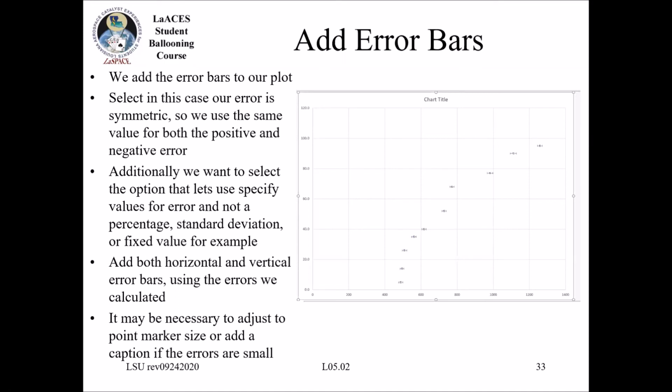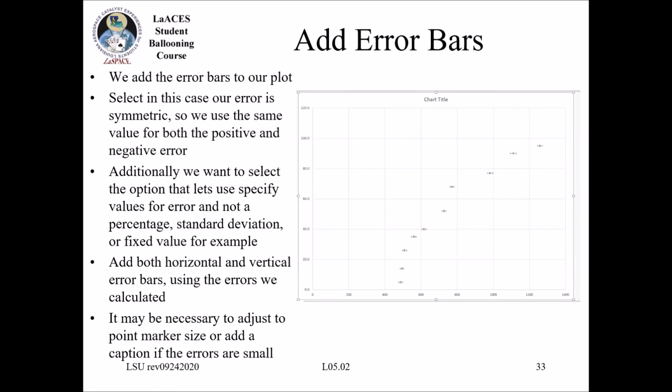In this case, our errors were symmetric. That means normally you have a positive and a negative error bar, either to the right and the left for the horizontal, or above and below. Sometimes you may have a larger plus than your minus, like +3, -1.